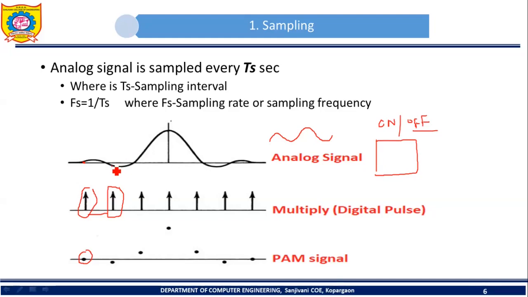What is the value of that analog signal at this particular time instant? Yes, it will have some negative value. That negative value will be recorded. In this way the second sample will be generated. So just by using these digital pulses, various samples of the given analog signal will get recorded here.